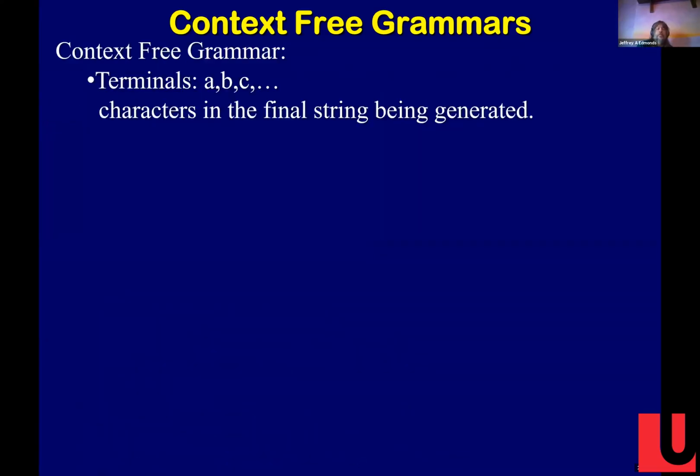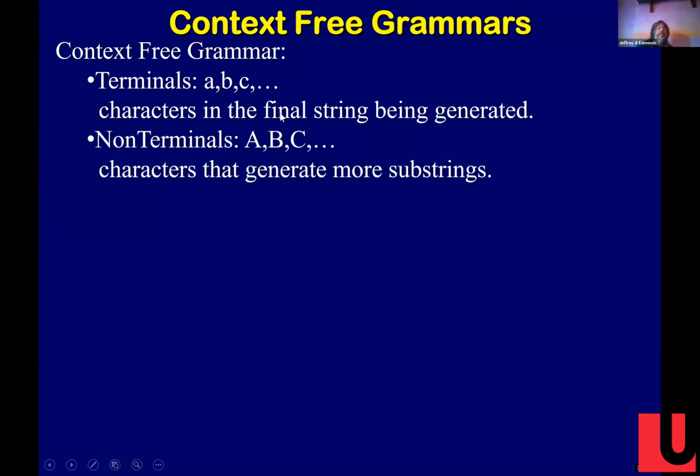All right. So let's now define what a context-free grammar is. You can have terminals, which are actual letters in your string, maybe A, B, C, 1, 2, 3, right? Characters that are actually in your string. The capital letters are for concepts, and they're called non-terminals, and they are used to generate more strings.